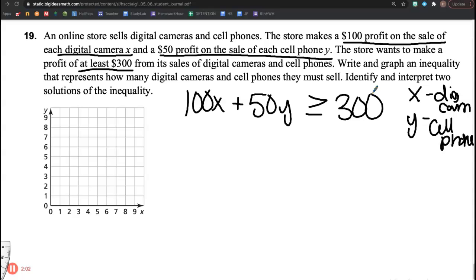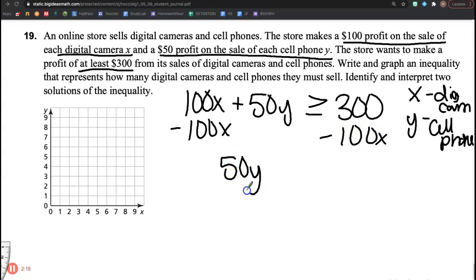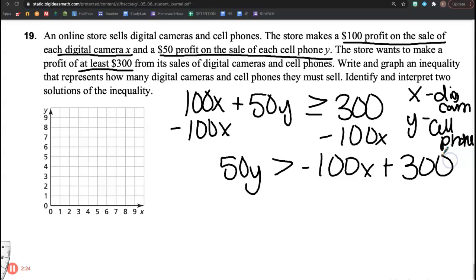Okay. Now, is Y by itself? Maddie, what's the first thing I do to get Y by itself? You would subtract 100. Yep. And what would I do next, Levi?